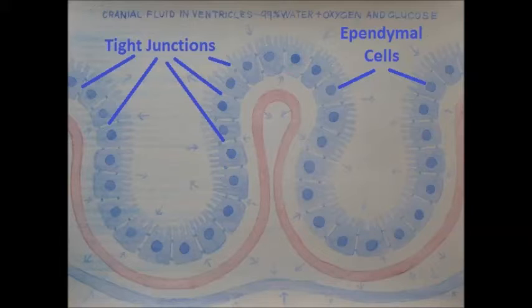So it does the same thing as the capillaries in the brain. And there's one big difference in that the choroid plexus works both ways. It will produce cranial fluid, but also these cells will take out carbon dioxide and any toxins.